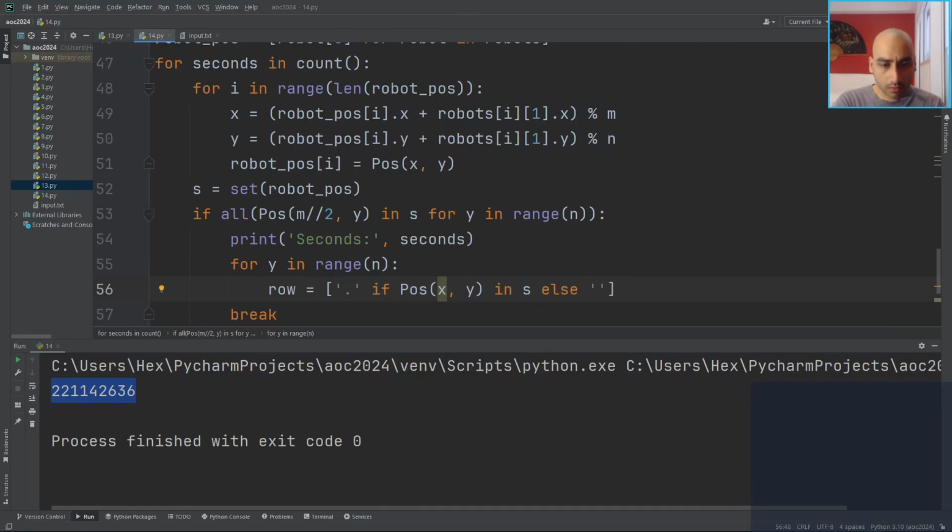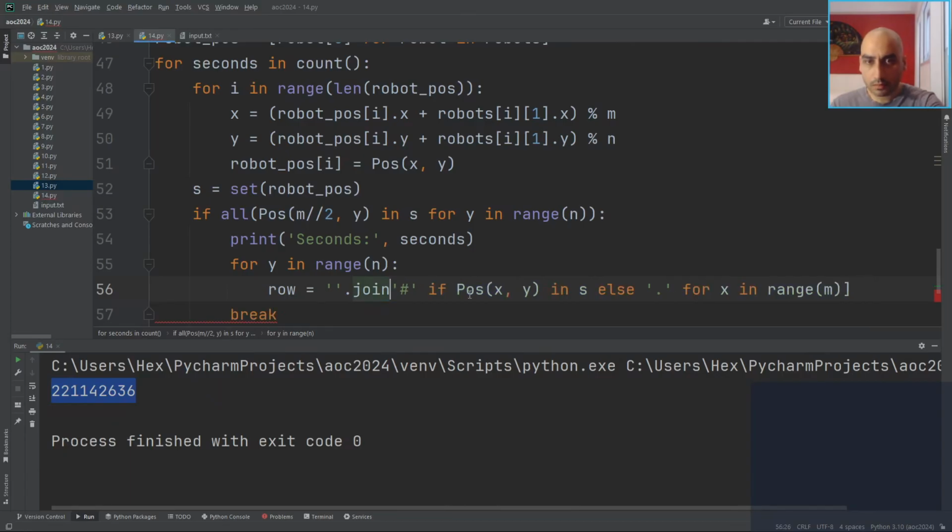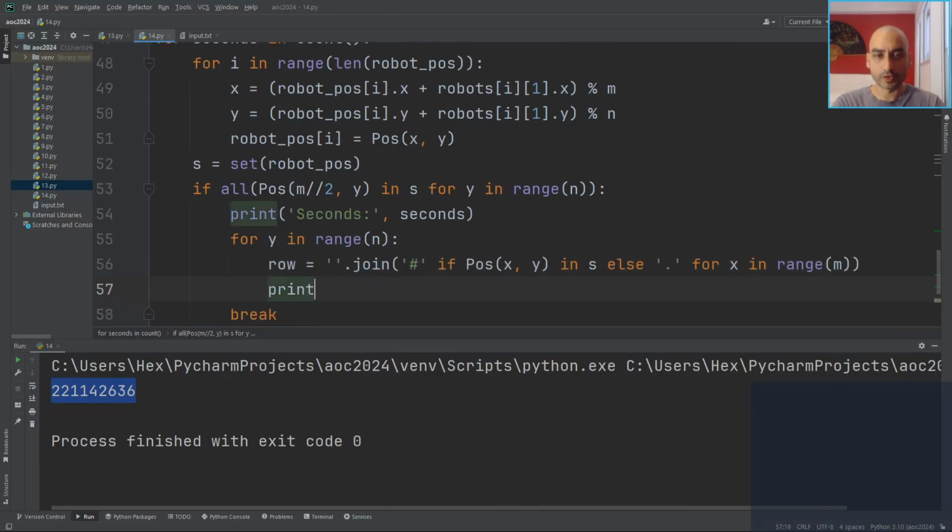Hash. The other way around. So we do a hash if it's for where the robot is, otherwise a dot for x in range m. Oops. Join it up. Oh, what's happened here? Okay. Print the row.